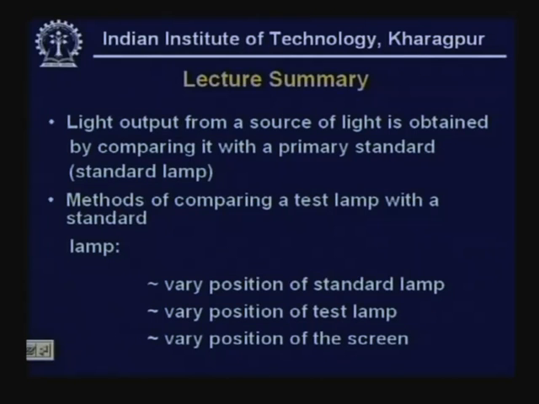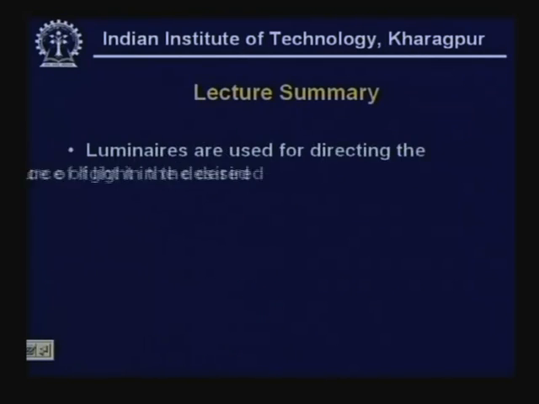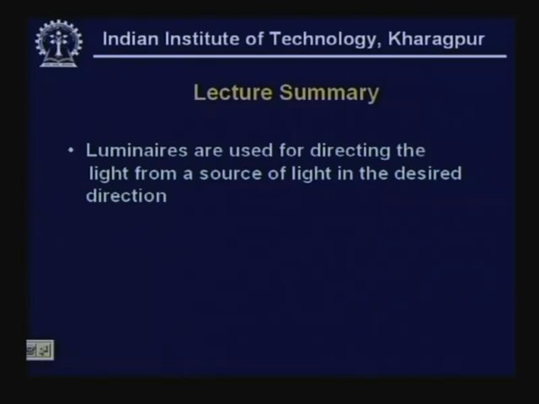Now to avoid the subjectivity, we talk of using what we call lux meters, wherein we could take the test lamp and the lux meter at a fixed distance, and standard lamp and lux meter at a fixed distance, and get the two readings. The ratio of the two readings gives the test lamp luminous intensity. Here again you could either fix the distance or fix the reading of the lux meter.